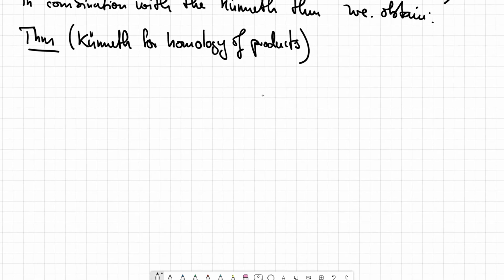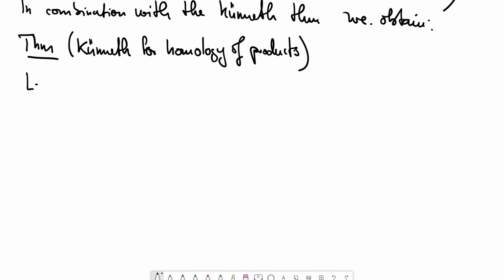Okay, there is something to write here. So R has to be a principal ideal domain.